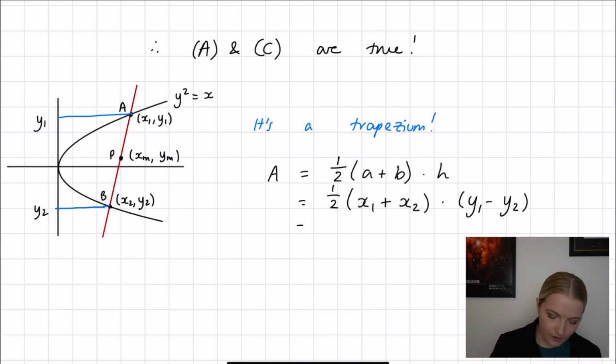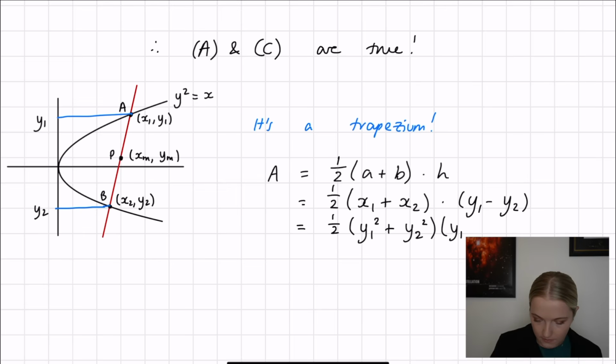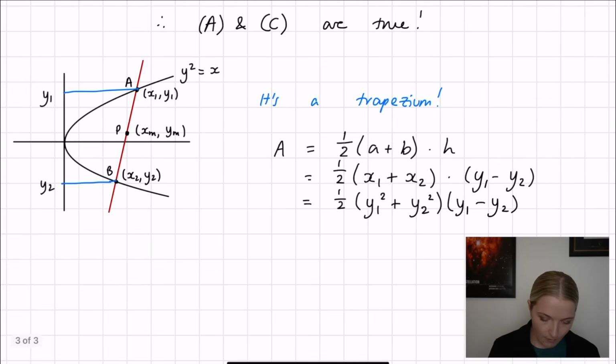Now remember, we know that x1 is y1 squared and x2 is y2 squared, and so the area of the trapezium equates to this. And then all we need to do is subtract the area under the parabola itself, so everything underneath here.